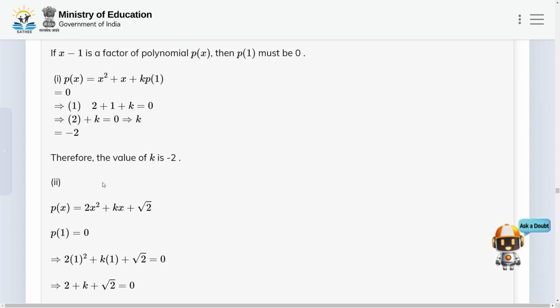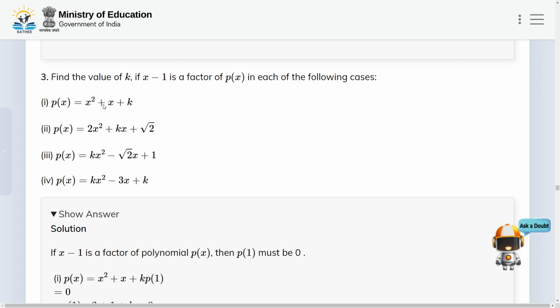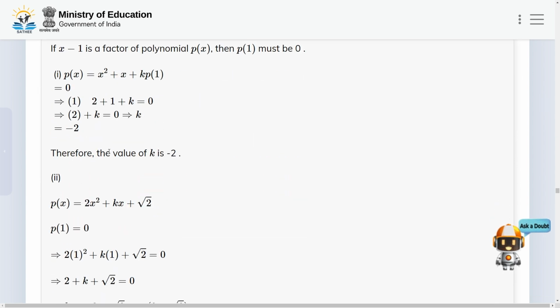Now let us find the value of k for this polynomial. Here we have p of x equal to 2x square plus kx plus root 2, and x minus 1 is a factor of p of x. So p of 1 should be 0.